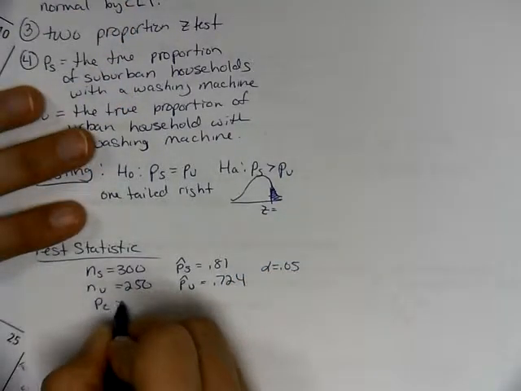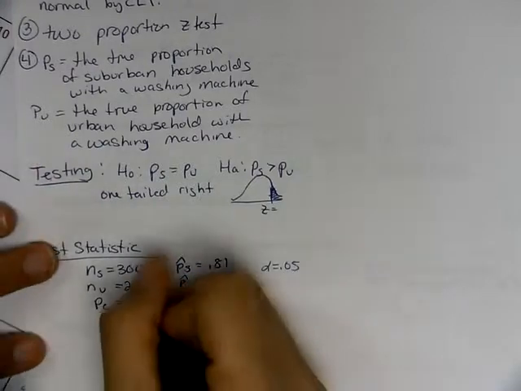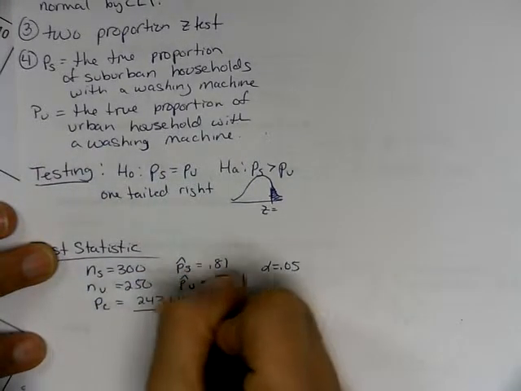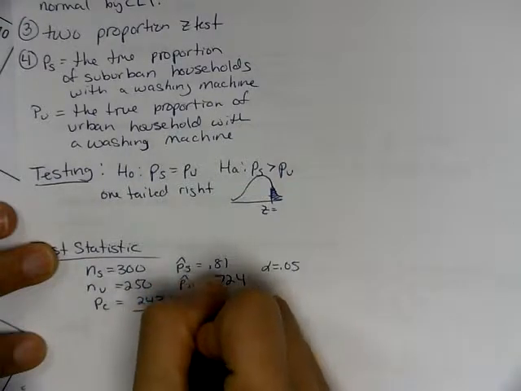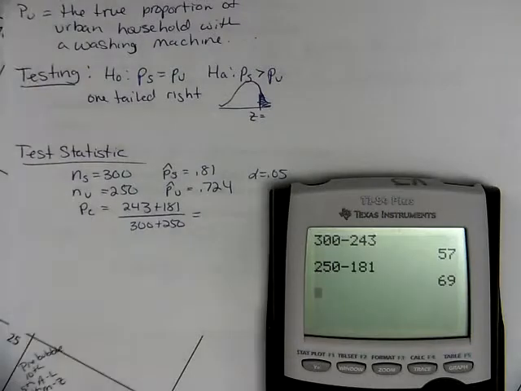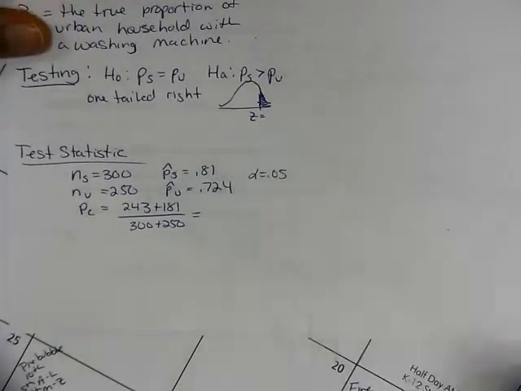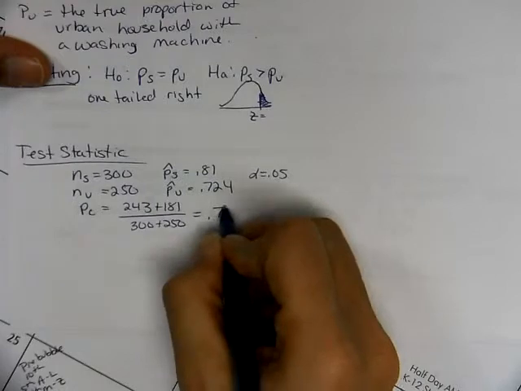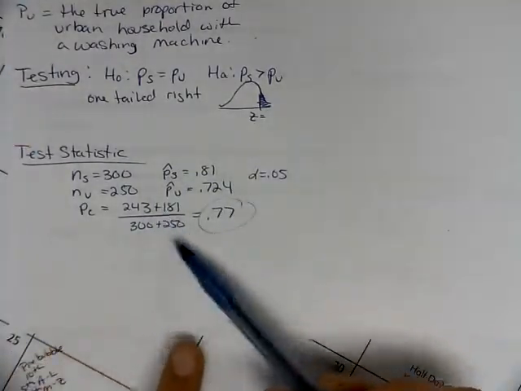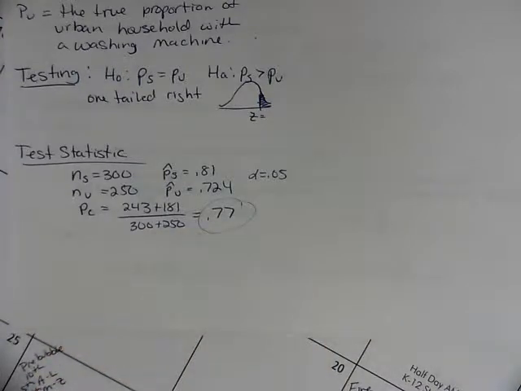And then our P sub c, if you wanted to figure it out, it's just 243 plus 181 divided by 300 plus 250. Now you can just have the calculator do it if you want. So 0.77. Again, it's weird that it's the same for both. So you can either do it this way where you show some work and do it on your own, or you can just use a calculator.